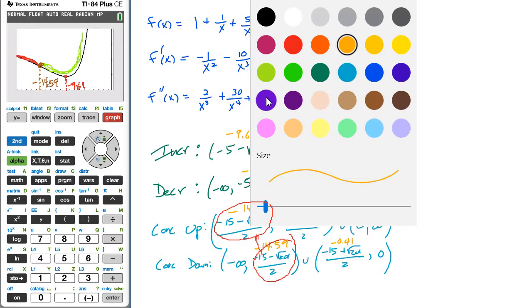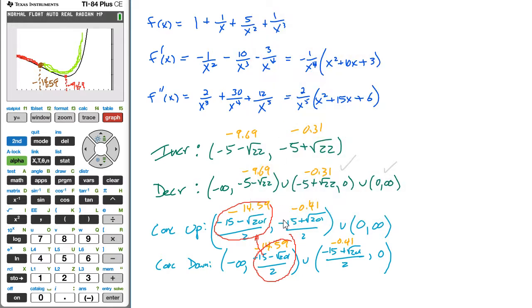We see that we're changing from concave down to concave up at this location. And we technically should show that the second derivative is changing sign. The way we showed that was on the table, if you remember. When we viewed the table of the second derivative function, we saw that right around this point, on one side of the point, the second derivative had one sign. On the other side, it had a different sign.